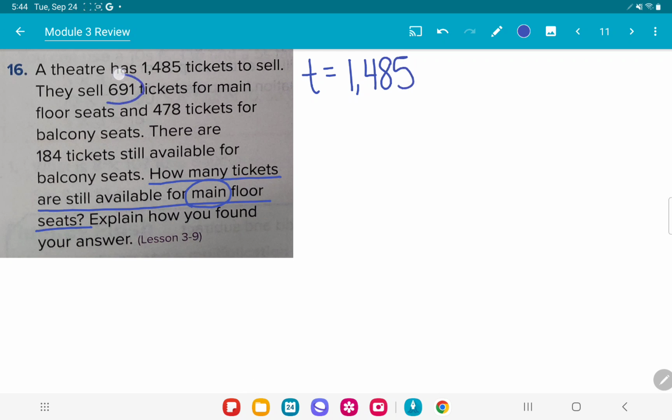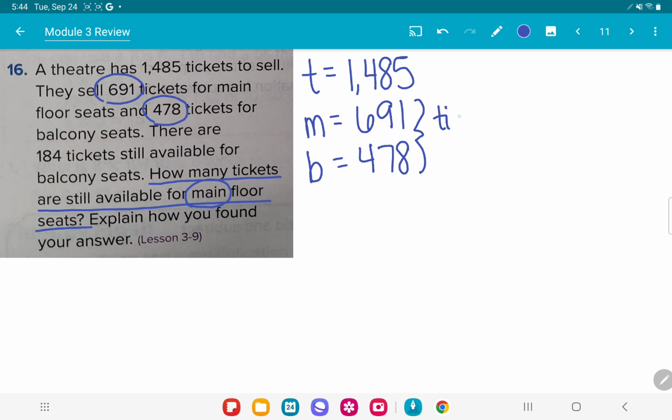They sell 691 tickets for main floor seats. Main floor is 691. And 478 tickets for balcony seats. So together, these are the number of tickets that are sold.